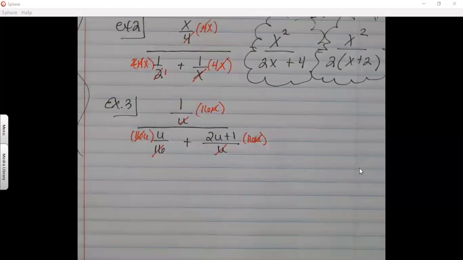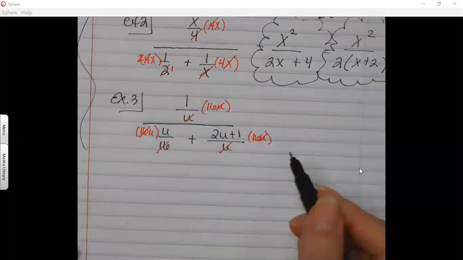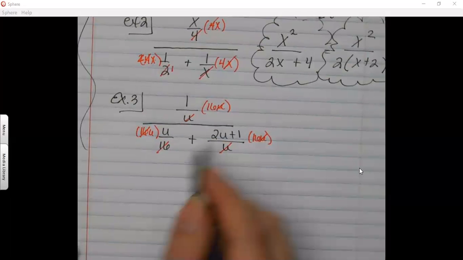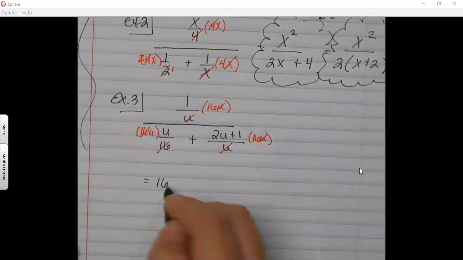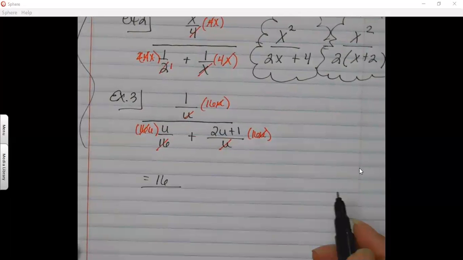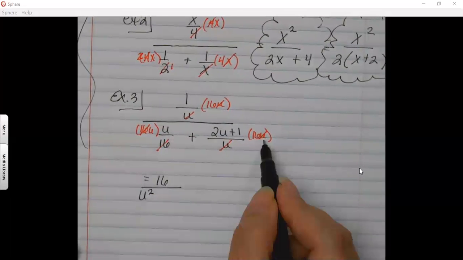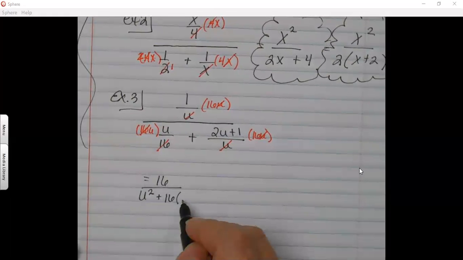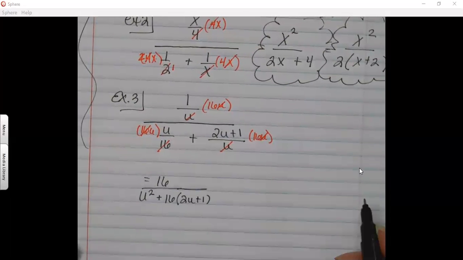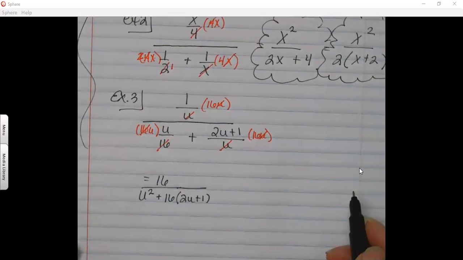So my new numerator, 1 times 16 is 16. The denominator I have, let's see, u times u is u squared. And then over here I have plus 16 times 2u plus 1. Okay, so that denominator, we definitely want to distribute that out and see if we can clean that up a little bit.